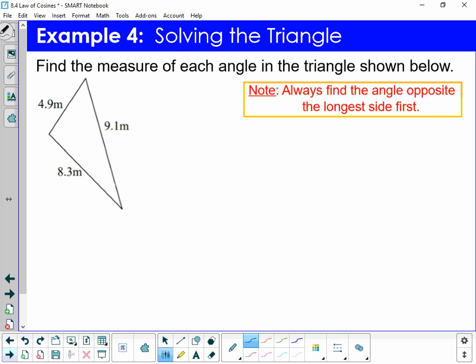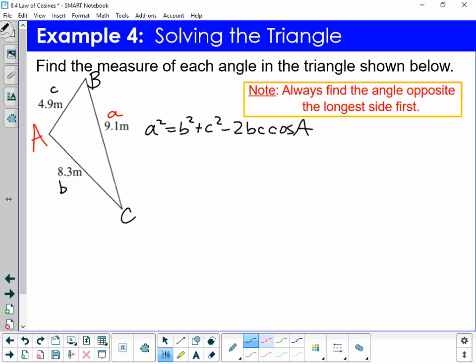So we're going to start by finding, let's call it angle A. I'm going to use the law of cosines here because while I know all of the sides, I don't know any of the angles. So I can't have any partnerships because there are no angles at all right now. So we'll use the law of cosines: A squared equals B squared plus C squared minus 2BC cosine A. We'll put the B up here at the top and the C down here.